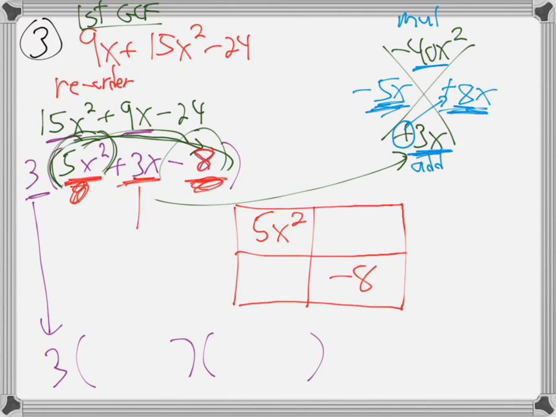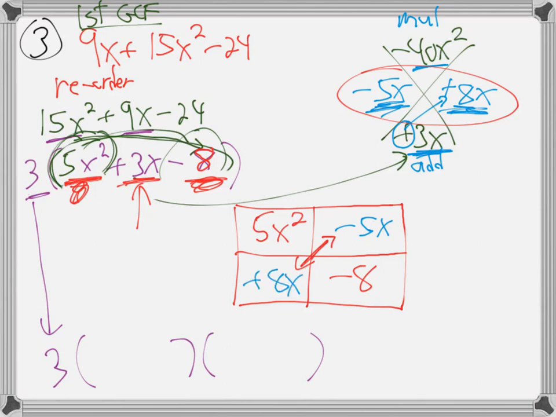And now, how do I do the middle in these two boxes? That's why I did the diamond. The diamond tells you how to put the middle in those two boxes, you see? So we're really putting the whole thing in the boxes, first into the first, last into the last, but the middle comes from the diamond pieces. So that's going to be the minus 5x and the plus 8x, or vice versa.